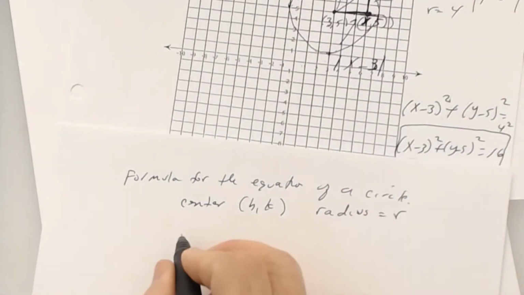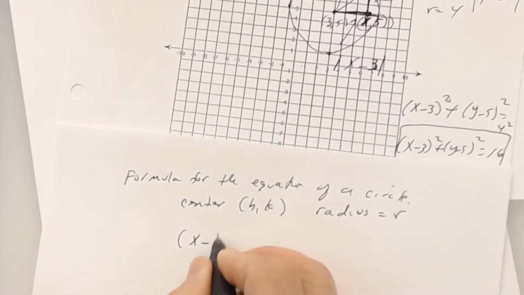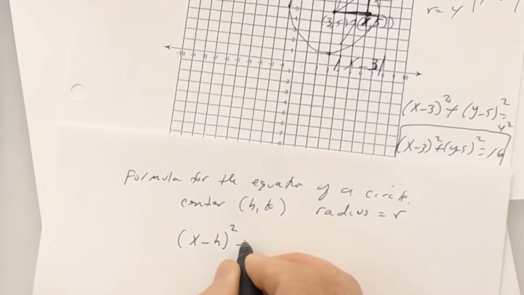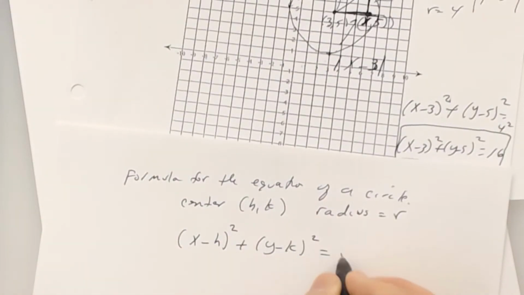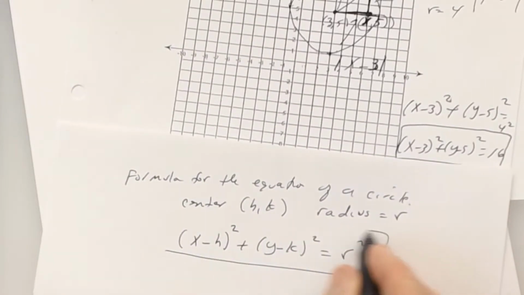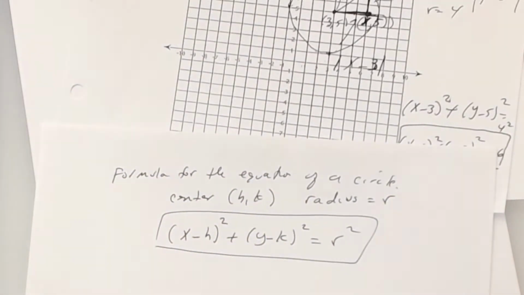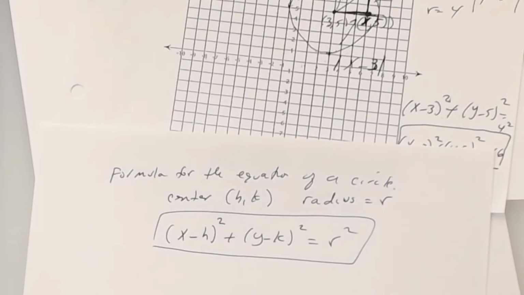So in the equation of a circle, it will be the same form. It will be (x minus h) squared plus (y minus k) squared equals r squared. That's the equation for a circle. Notice (h, k) is the center, r is the radius.